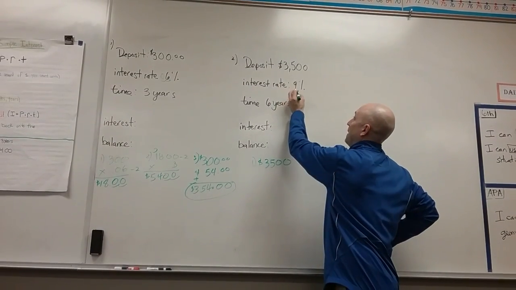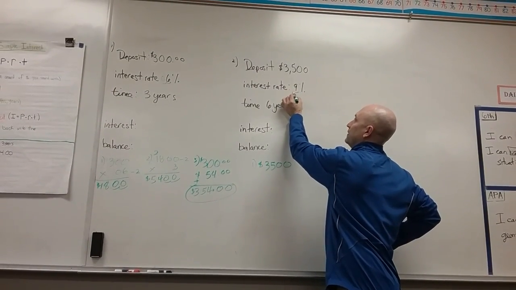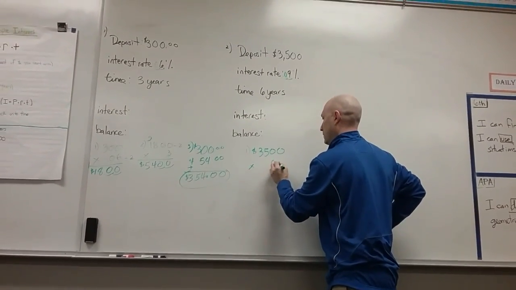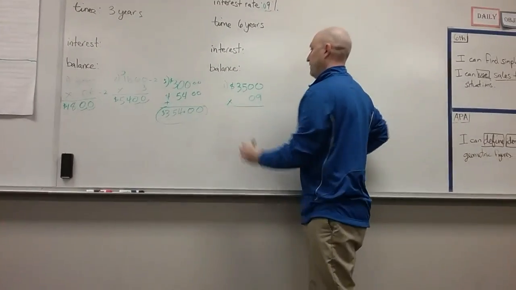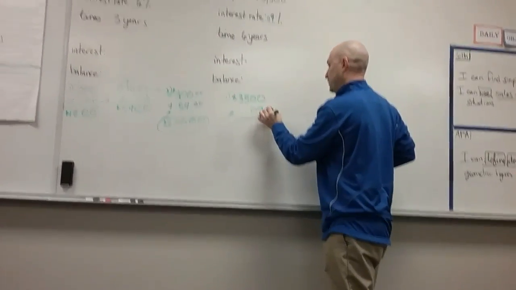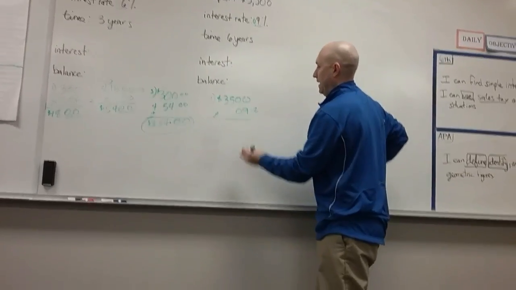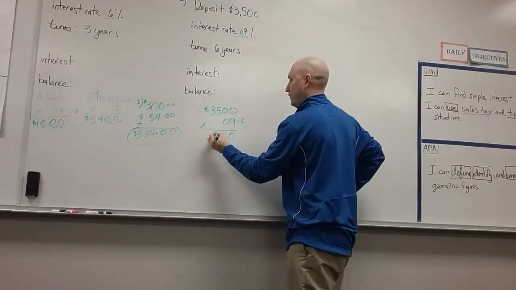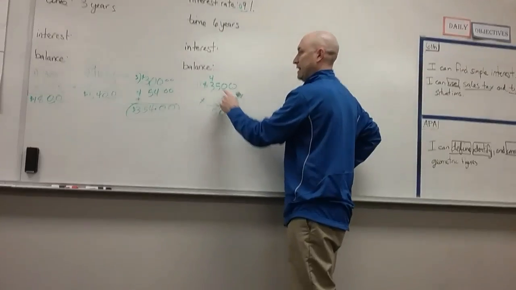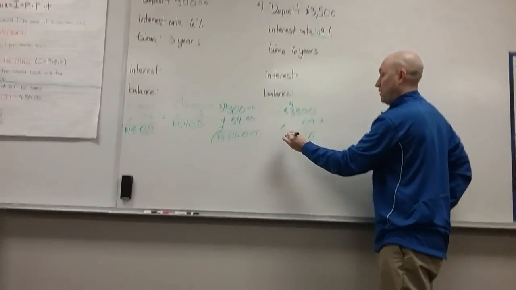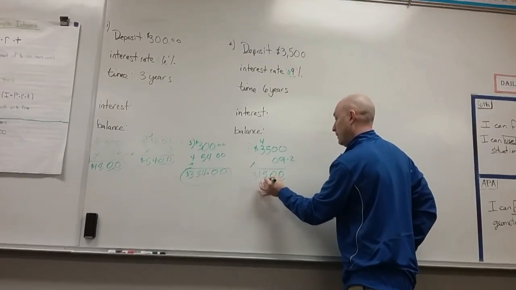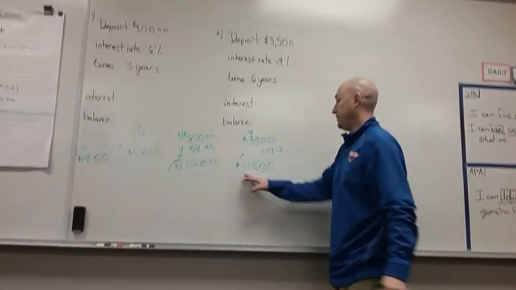I'm going to multiply it by my rate of 9%, which is 0.09 as a decimal. Figure in my number of decimal places, which is 2, and multiply. 0, 0, 9 times 5 is 45, 9 times 3 is 27, plus 4 is 31. Put my 2 decimal places back in, and I get a total of $315.